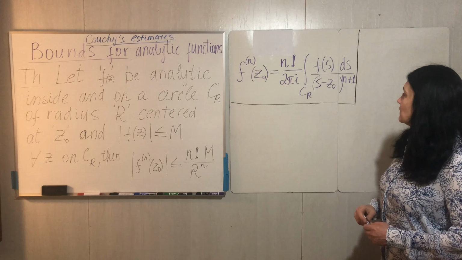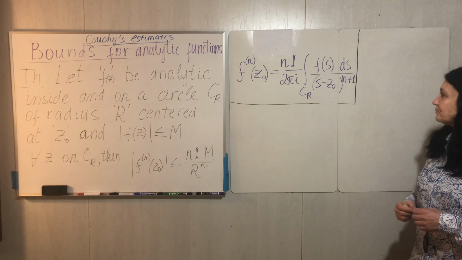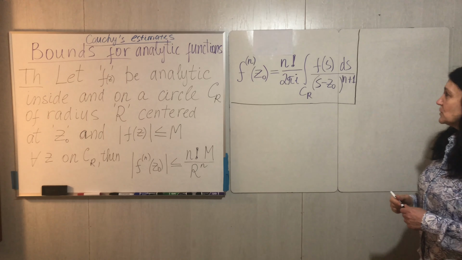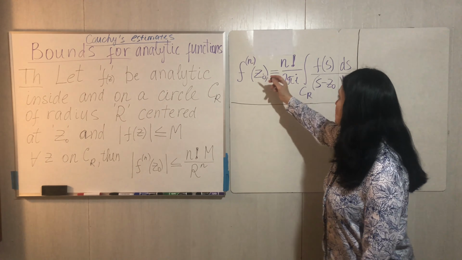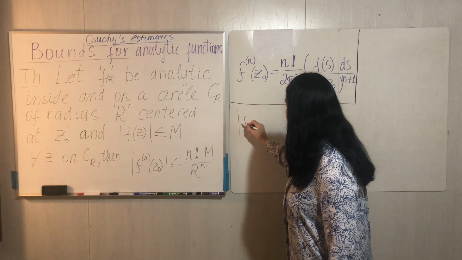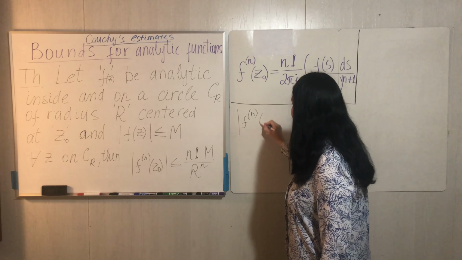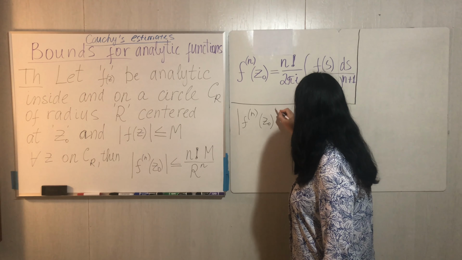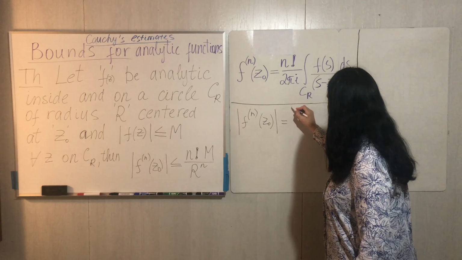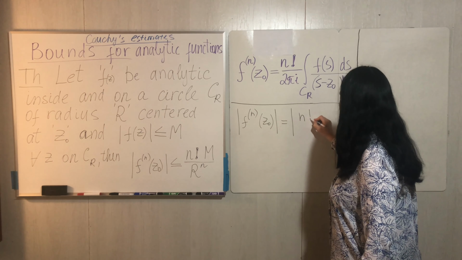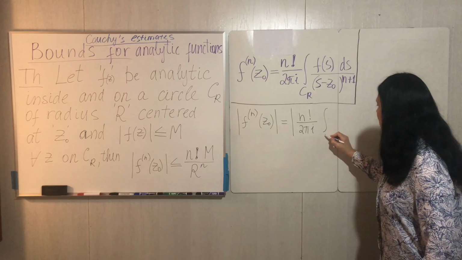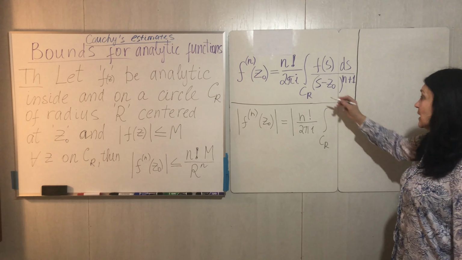Let's prove it. The proof is really simple, and of course it's based on this formula. What we need to do is just evaluate f and its derivative at point z sub 0. We know that it's equal to this: modulus of n factorial over 2 pi i, integral along C_R.